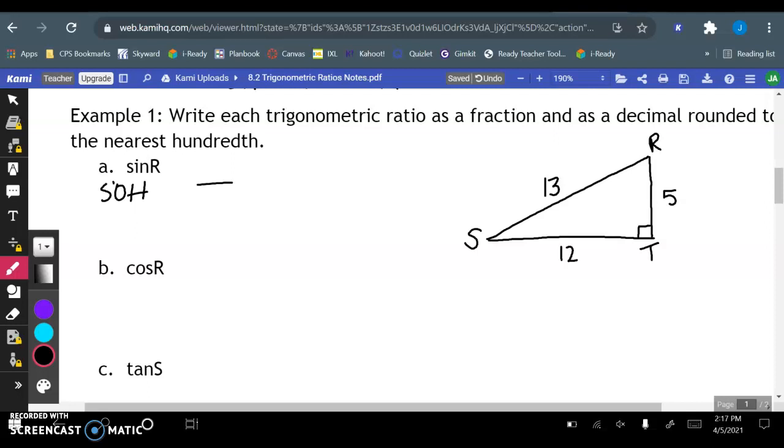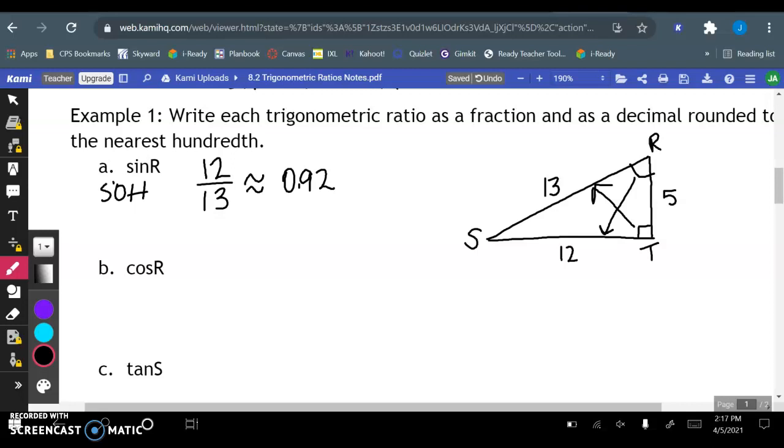So we're talking about angle R, so here's angle R. Opposite would be across from, so that would be 12. And the hypotenuse here is across from the 90-degree angle, which is 13. So the fraction form is 12/13. And then if I divide 12 by 13, I get roughly 0.92, rounded to the nearest hundredth, like the directions say to.